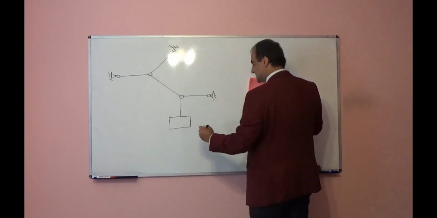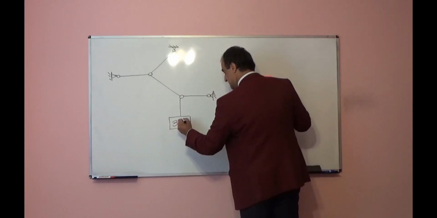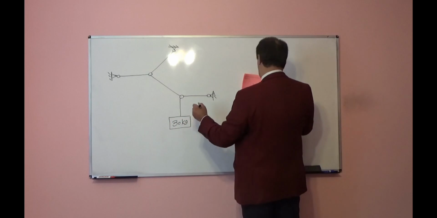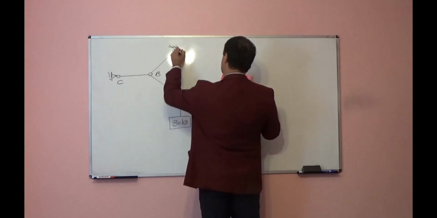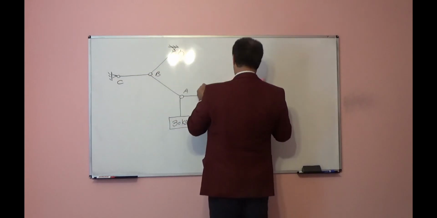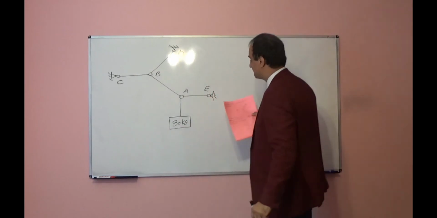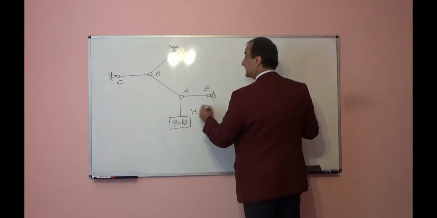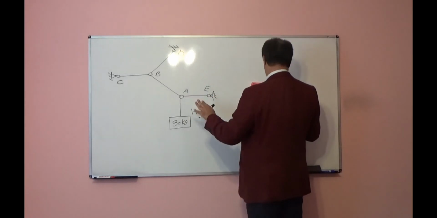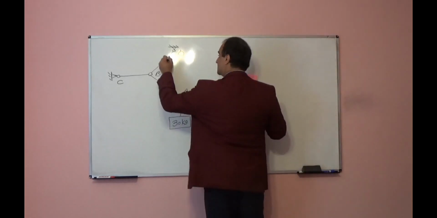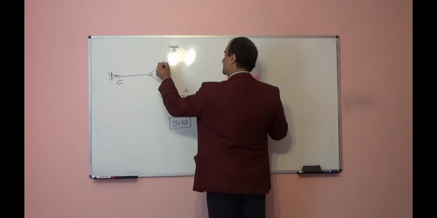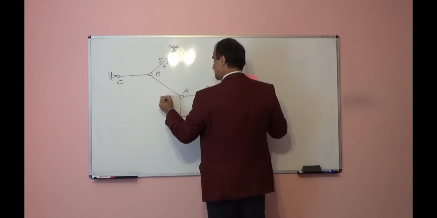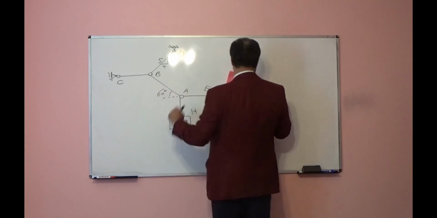The weight for this block is 30 kilograms. Points A, B, C, D, E. So we have this system, and the orientation for this cable is 3, 4, 5, and this angle is 60 degrees.